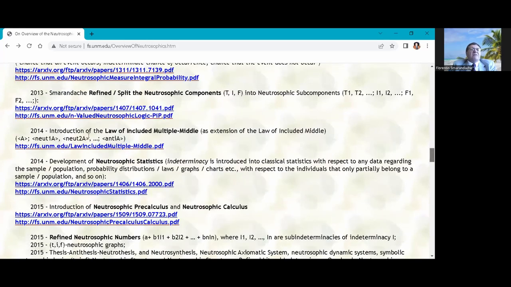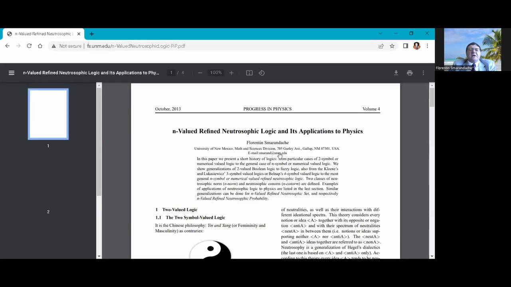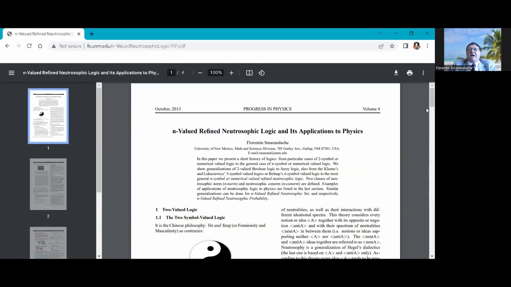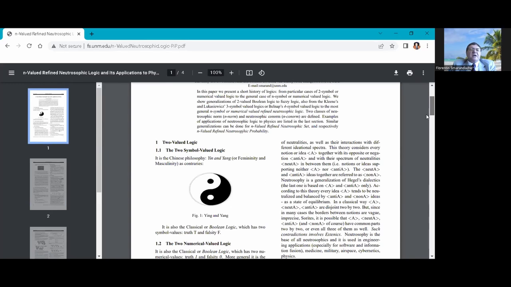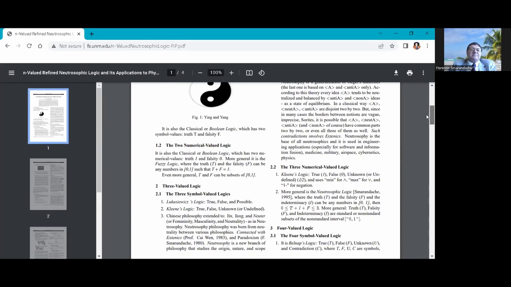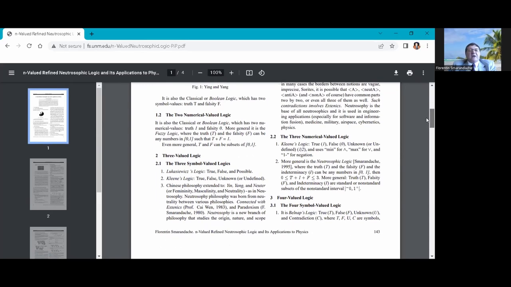The most general form of Neutrosophic set is the n-value refined Neutrosophic set, which is an extension of Lukasiewicz logic. We use true, false, and possible. In Kleene's logic, we use true, false, unknown, or undefined.